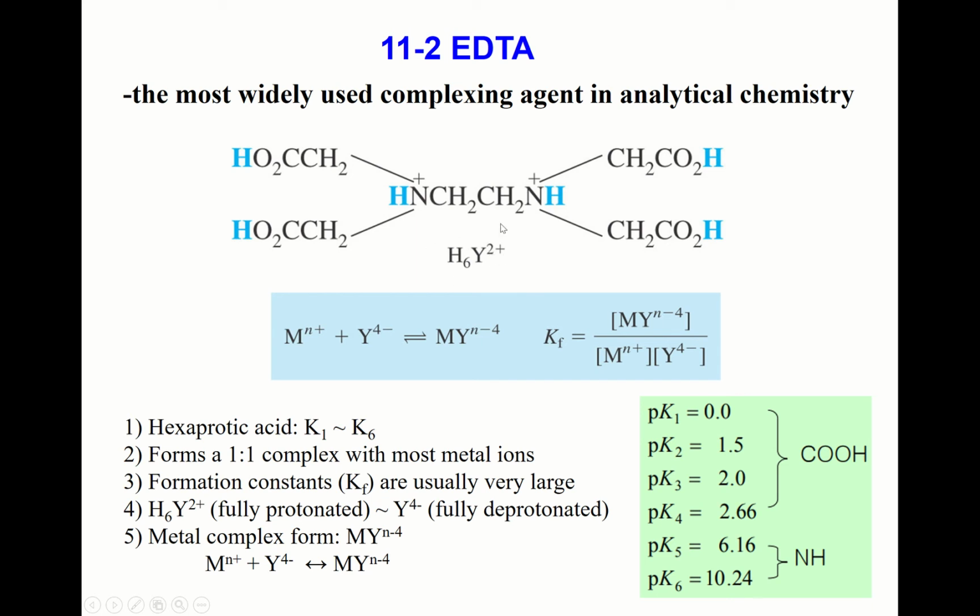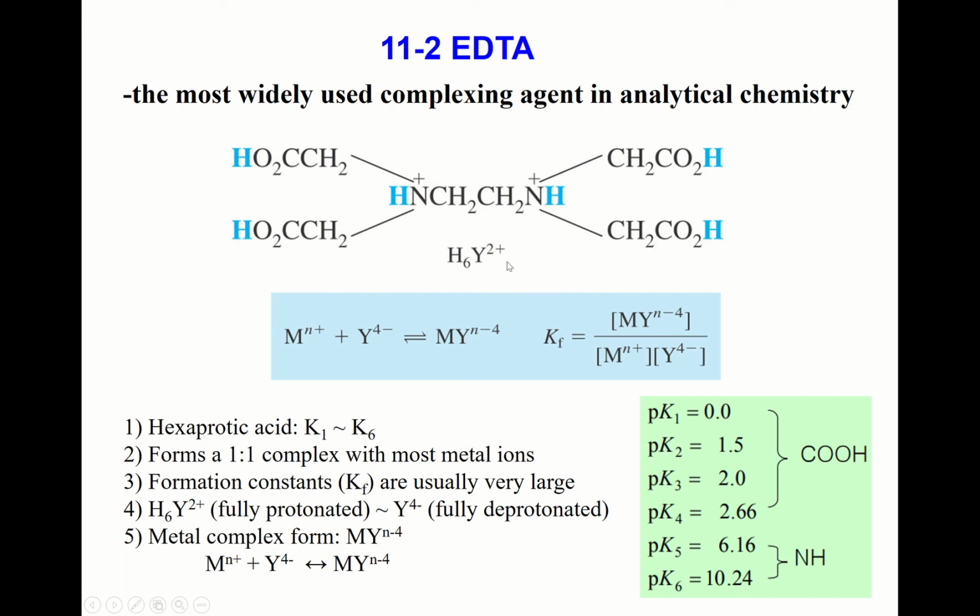The protonatable protons are six: one, two, three, four, five, six. So we represent this form as H6Y2+. This is the fully protonated form of EDTA.